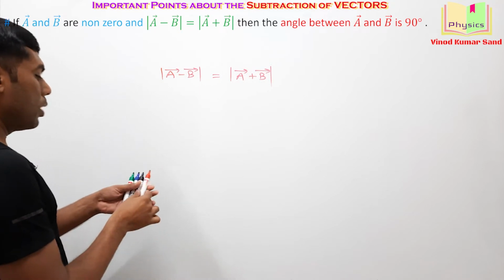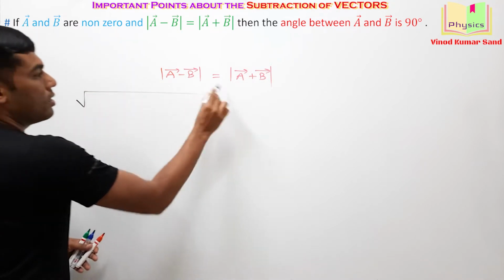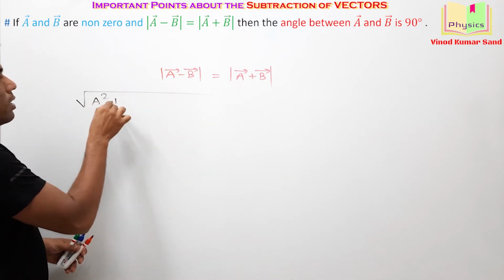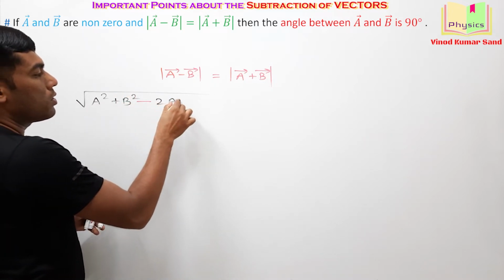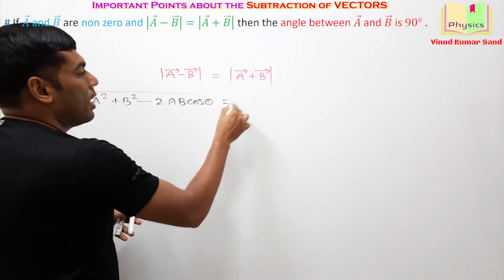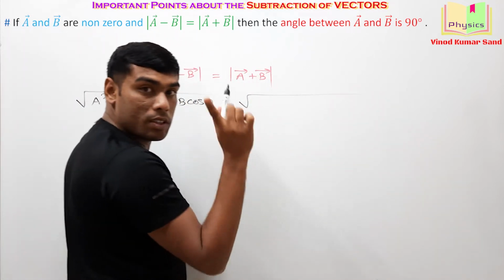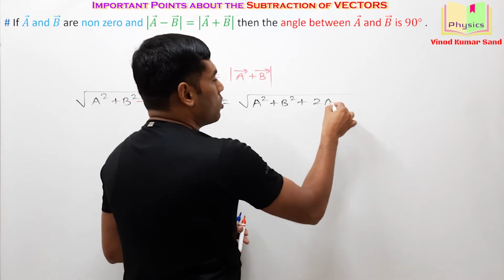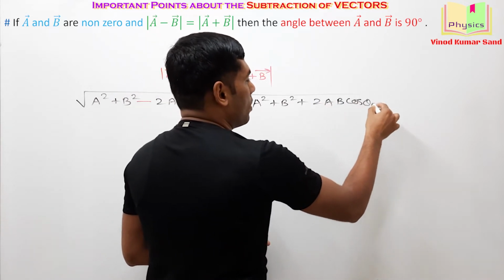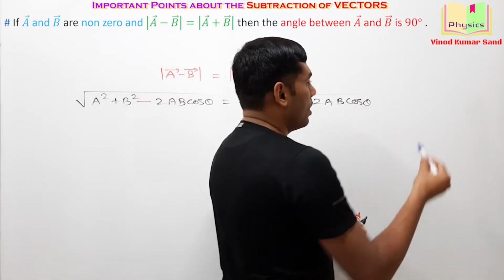We know their formulas. LHS can be written as A square plus B square minus 2AB cos theta, and the RHS can be written as, speak up, A square plus B square plus 2AB cos theta. Here what is theta?